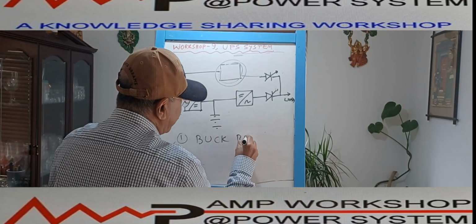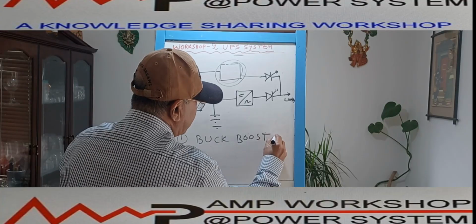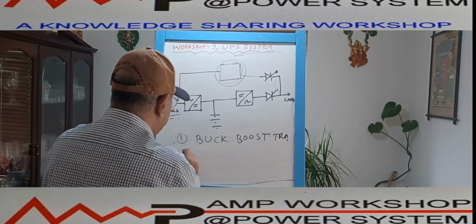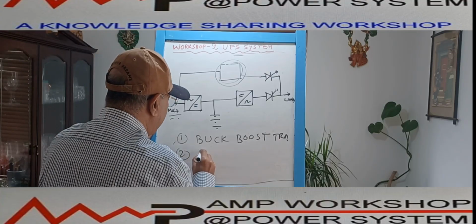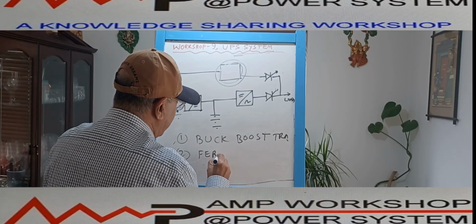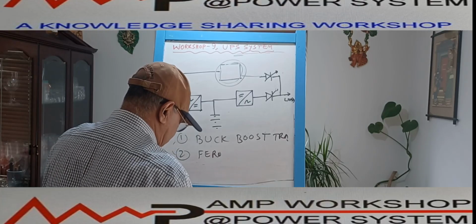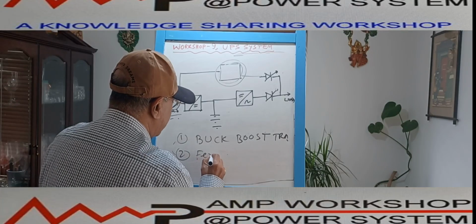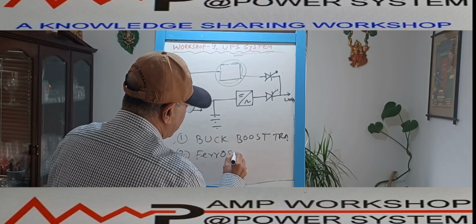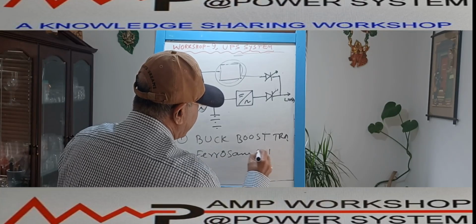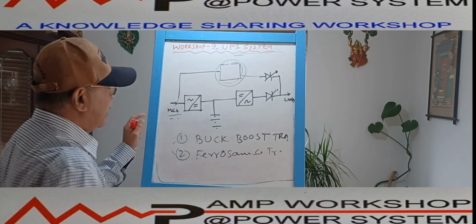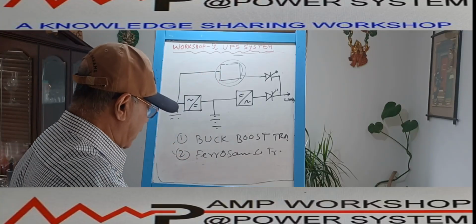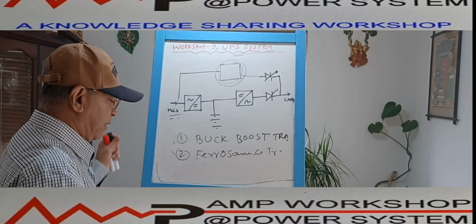Second device is called ferro resonance transformer. These are two devices. Any of the devices we can use, but they have different cost and different working principle.